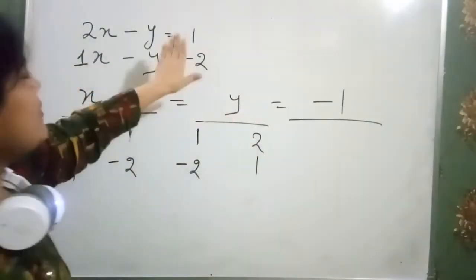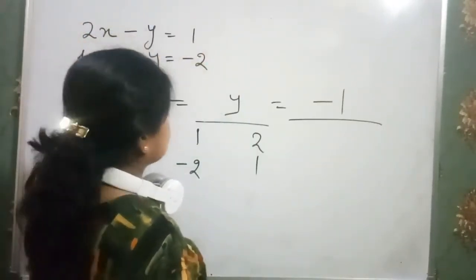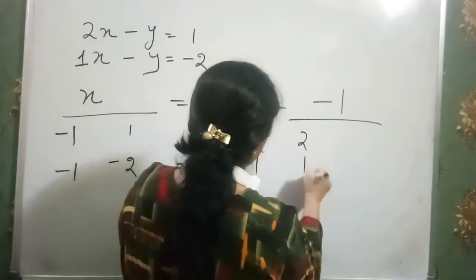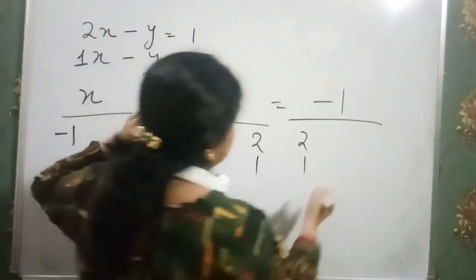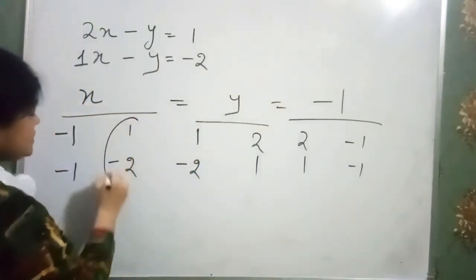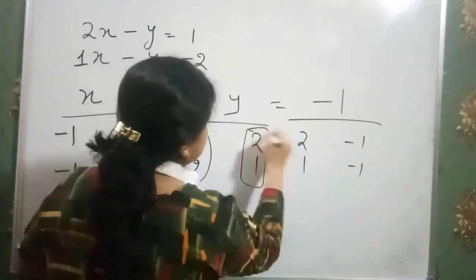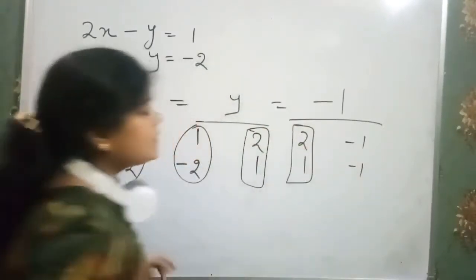Okay. Now minus in this one, I just drop there and I write this and this. So I just repeat 2 and 1, and we have minus 1, minus 1. Okay. That means you can observe this, it must be same. Clear?